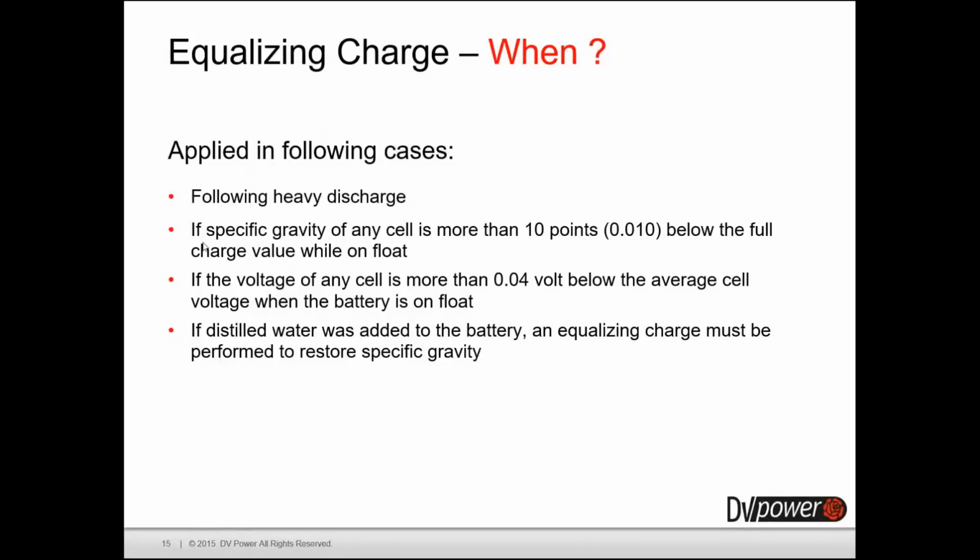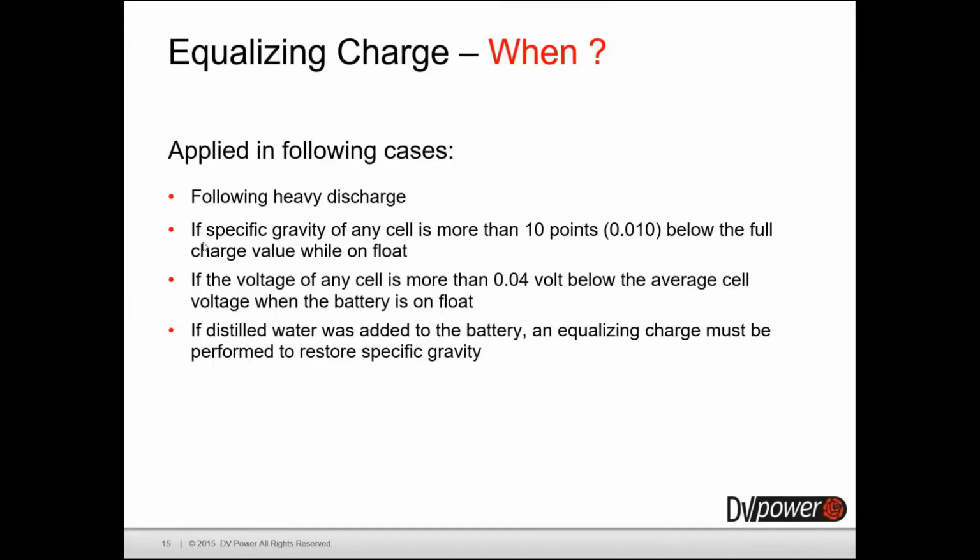do the equalized charge. You do the equalized charge if the specific gravity of any cell is more than 10 points below the full charge value while on float, or if the voltage of any cell is more than 0.04 volts below the average cell voltage when the battery is on float.